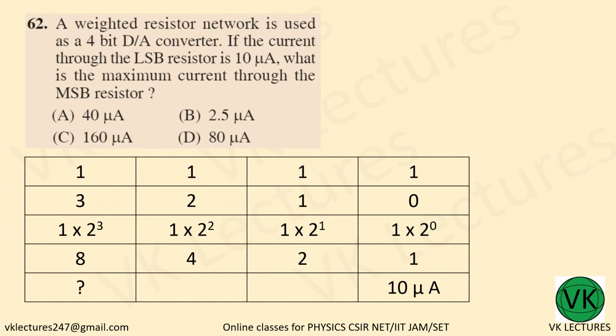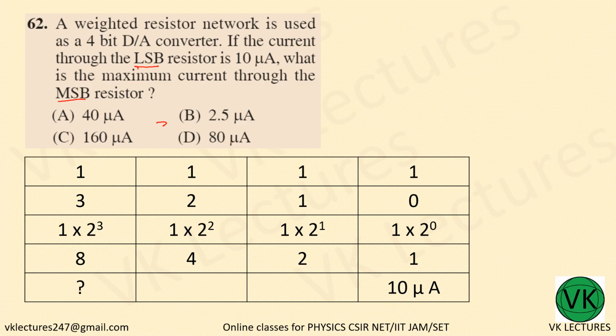Question number 62. A weighted resistor network is used as a 4-bit digital to analog converter. If the current through the LSB resistor is 10 microampere, what is the maximum current through MSB? The LSB is least significant bit and the MSB is most significant bit.